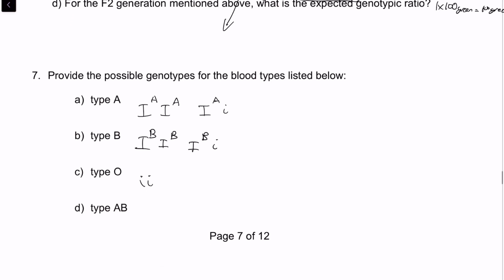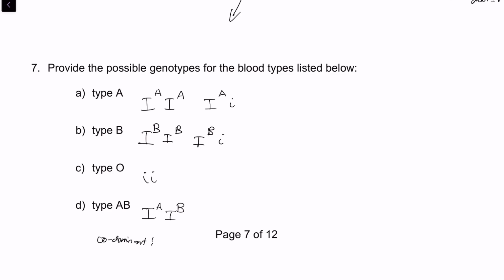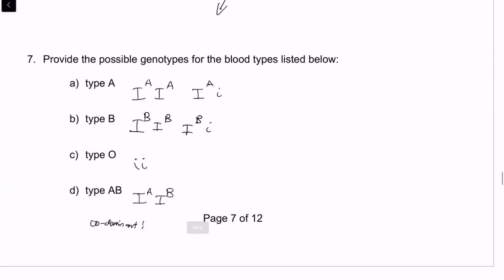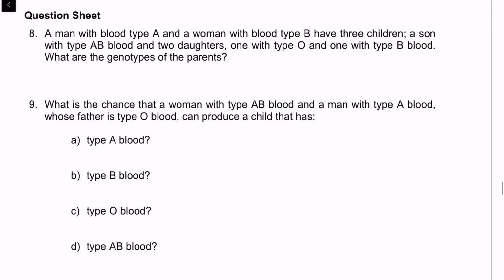And with type AB, there's only one combination where we have two dominant alleles coexisting, so they're co-dominant. That's capital I to the power of A and capital I to the power of B, all uppercase there.